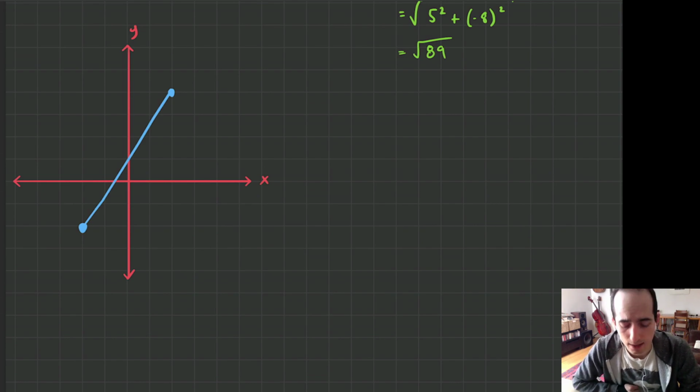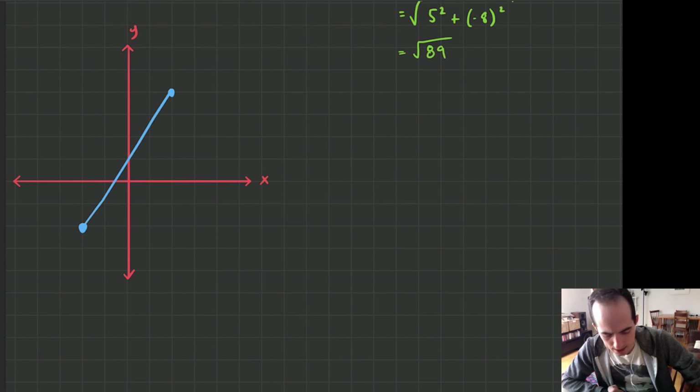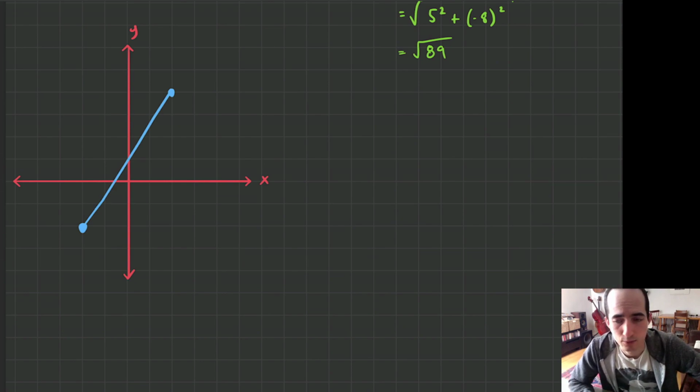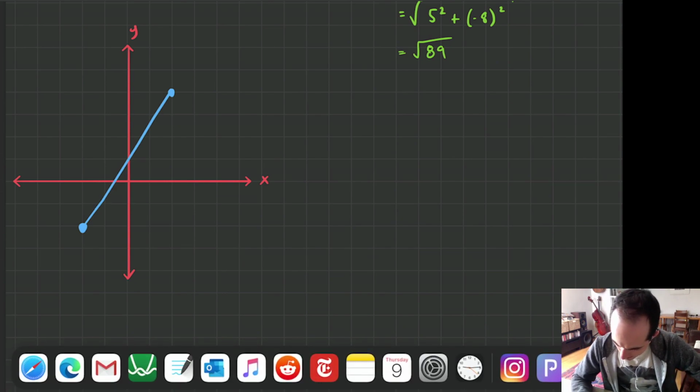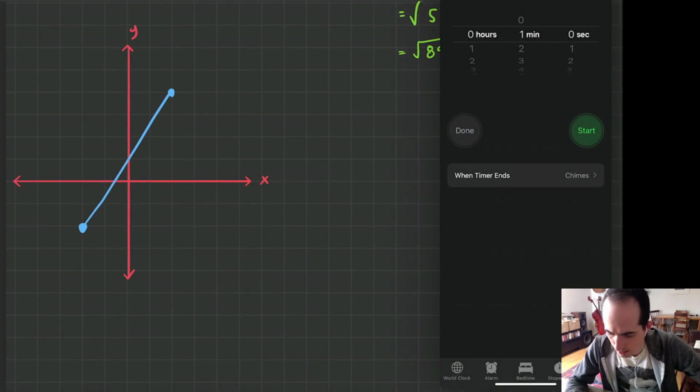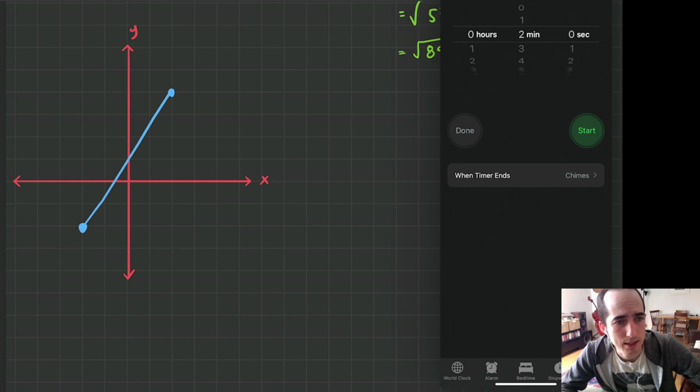So in that vein, what I'd like you to do is actually try this problem. And I think I've got a timer here, so I'll put my clock up here. I'm going to give you 2 minutes to try this problem, okay?